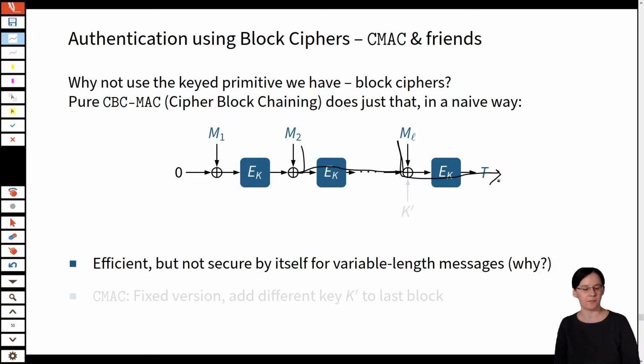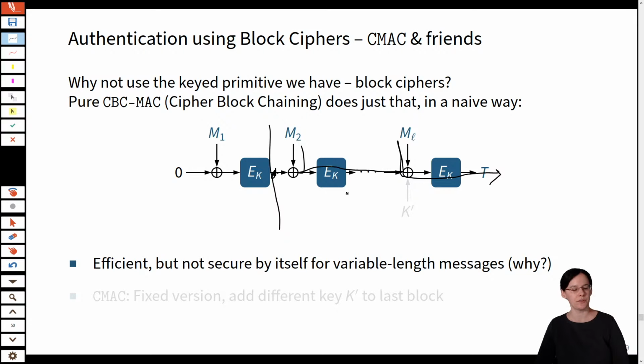Unfortunately, this pure construction has some security problems. And you can find these problems if you think about what happens if you, as an adversary, first request the tag for a one block message. So in this picture, this would mean if you have a message that ends here, then the tag of the message is simply the output of the block cipher here.